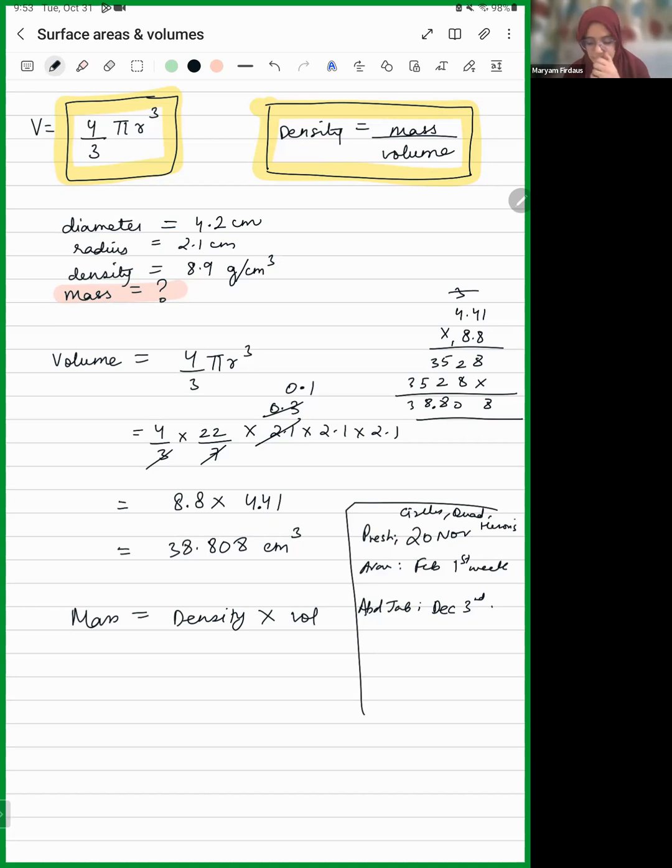So we will be doing circles itself. Is that fine, Abdul Jabbar? Yes, ma'am. Anyway, so now, did you find out the mass then? 8.9 multiplied by the volume.